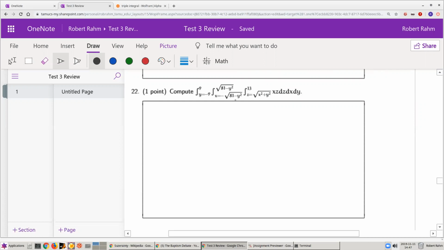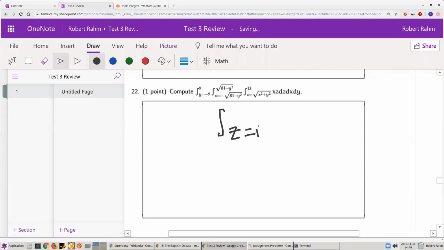And in the xy plane, x is going to go from the left half of the circle of radius 9 to the right half of the circle of radius 9, and y is going to go from -9 to 9. So the projection of this shape on the xy plane is going to be a circle of radius 9 centered at the origin.